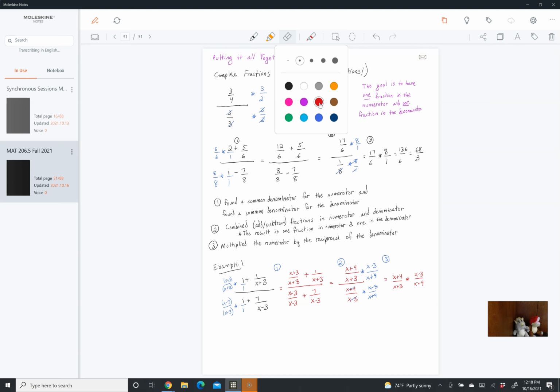And notice what's happening here. The x plus 4 cancels both on top and bottom. And what are you left with? X minus 3 over x plus 3. And that's it. That's your final answer.